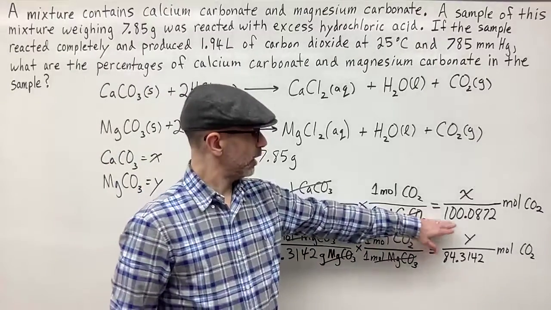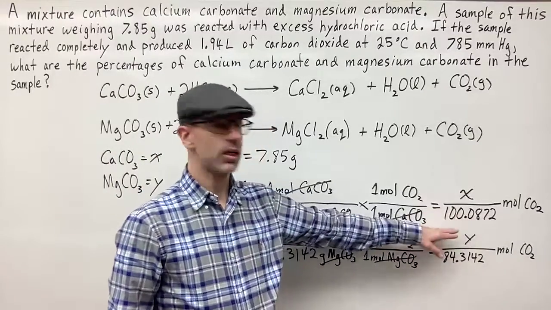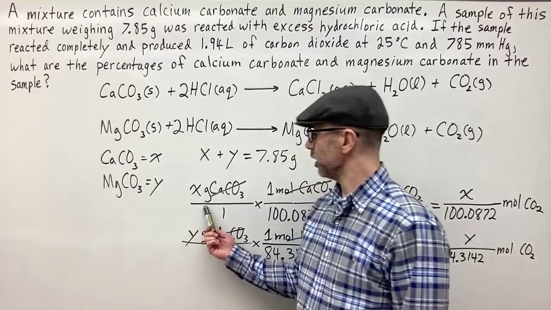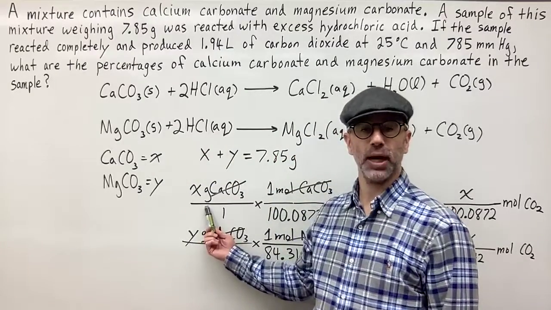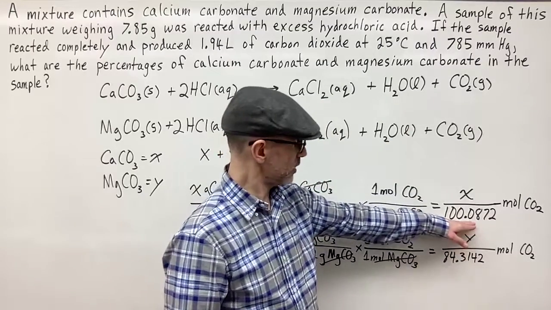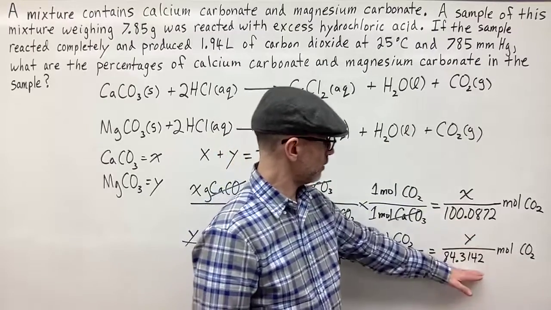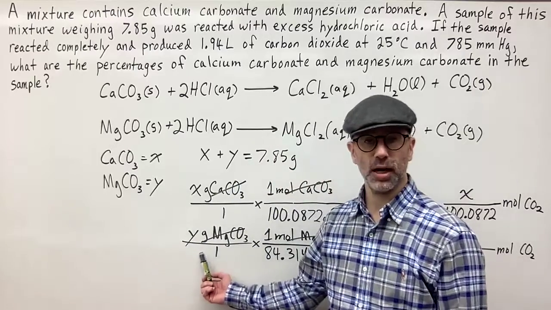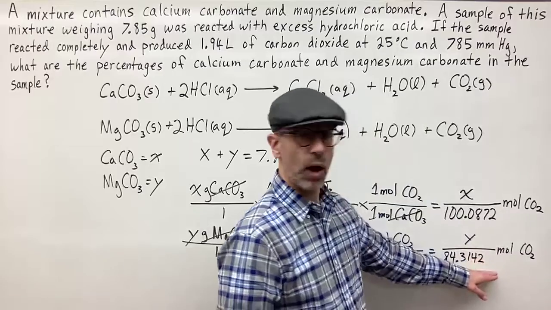So now I have the amount of carbon dioxide from X amount of calcium carbonate in my mixture, in terms of X, and I have the amount of carbon dioxide from a Y amount of magnesium carbonate in terms of Y, right?